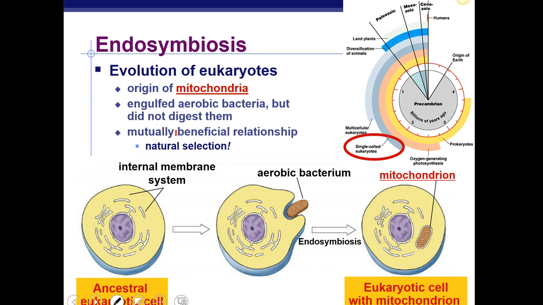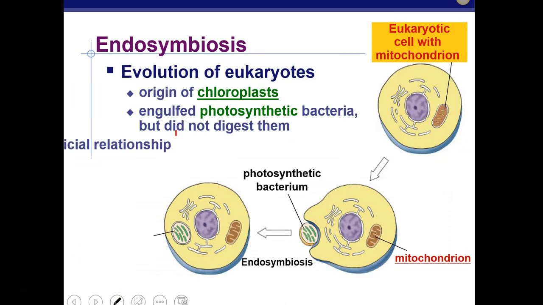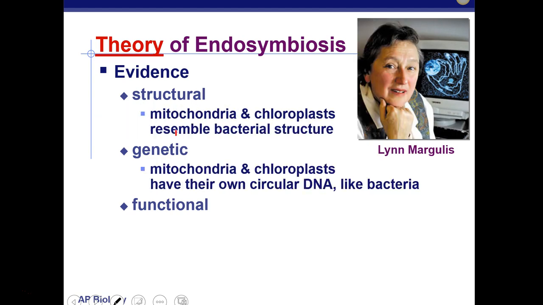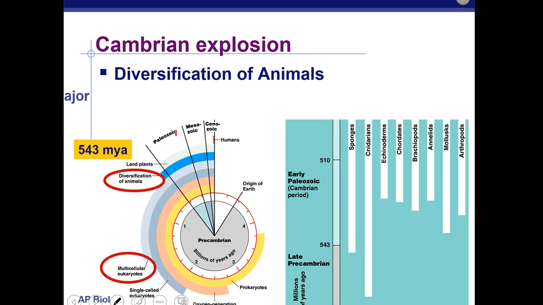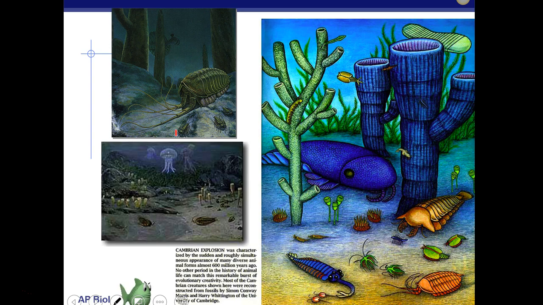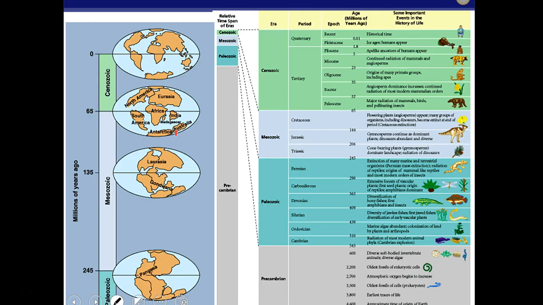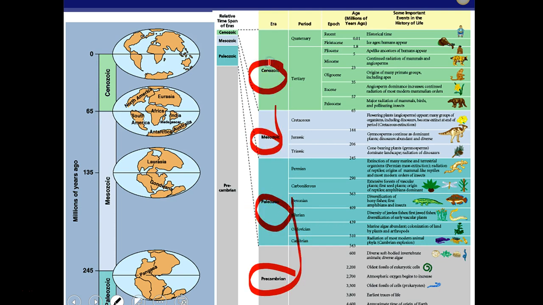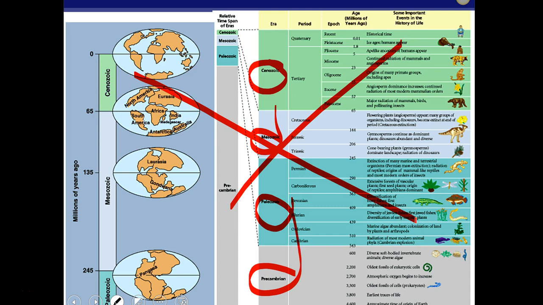Endosymbiosis, we talked about that in the cell unit, where mitochondria and chloroplasts came from. As for the Cambrian explosion, the Precambrian, Paleozoic, Mesozoic, Cenozoic, you don't need to know any of those. If they include that, it'll probably be a picture like this and a big passage to read, and then you have to interpret the table or the graph using that information.